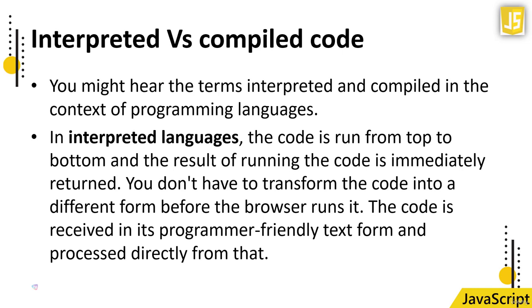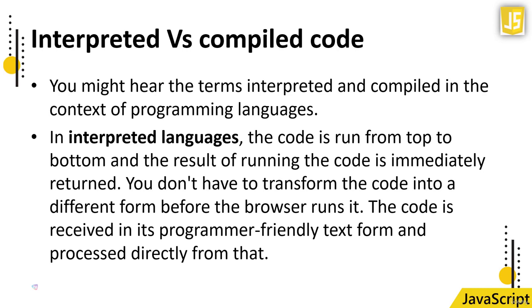Now let's see interpreted versus compiled languages. How is the code going to be run with JavaScript? You might hear the terms interpreted and compiled in the context of programming languages. When you are on your journey with a programming language, you may hear about how we are able to see the output.